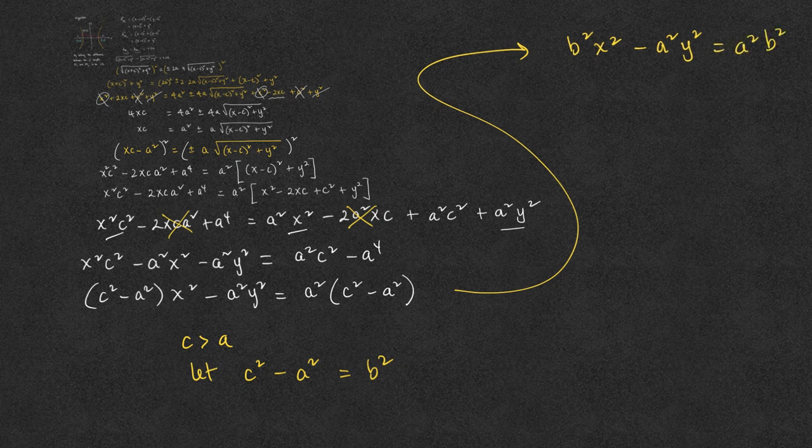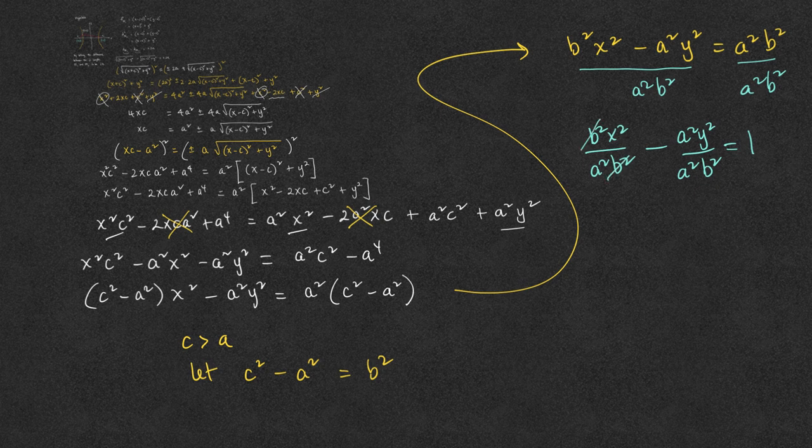We then divide both sides of this equation by a squared b squared. The right hand side is now 1. The left hand side is b squared x squared over a squared b squared minus a squared y squared over a squared b squared. This simplifies to x squared over a squared minus y squared over b squared equals 1.